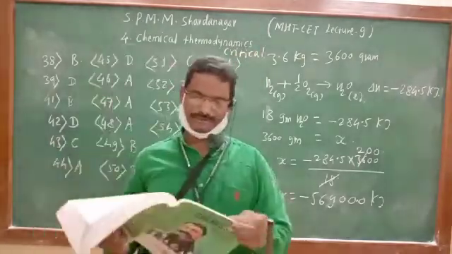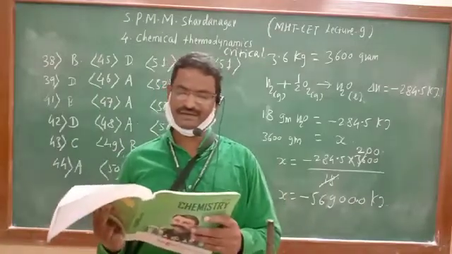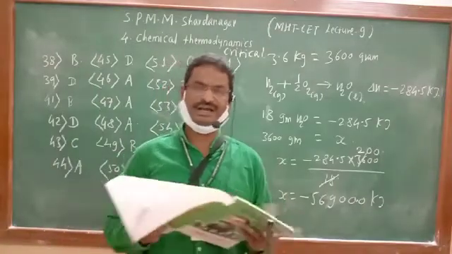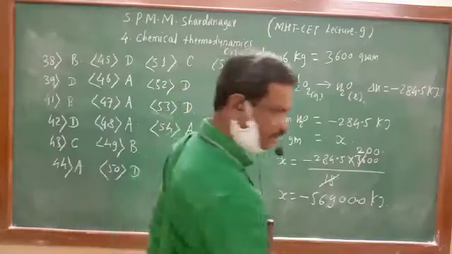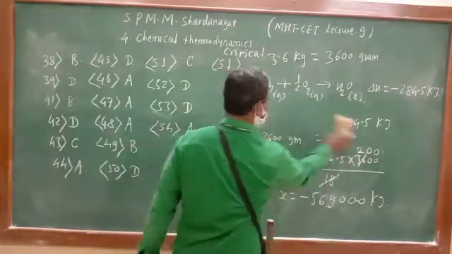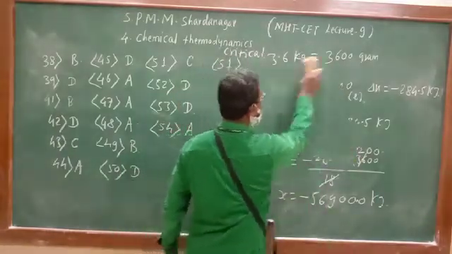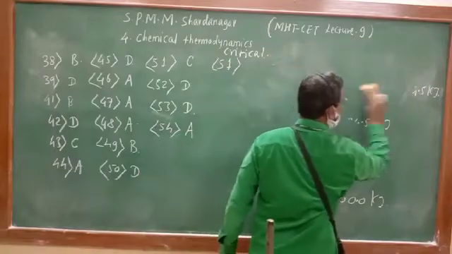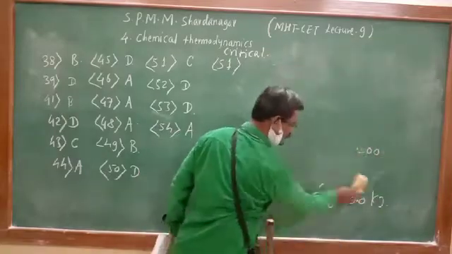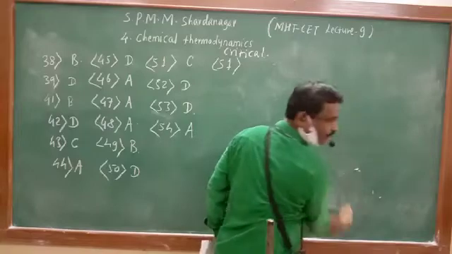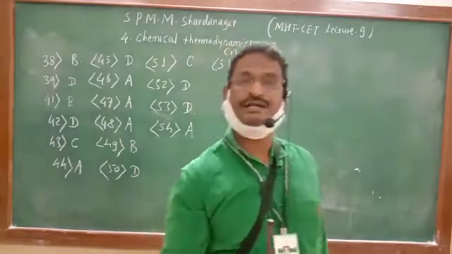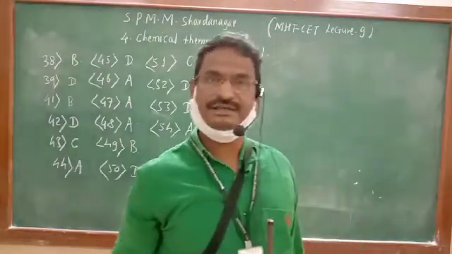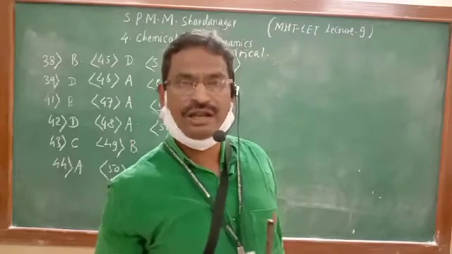Question number 51. The mathematical expression for standard enthalpy of sublimation is given by. What is the enthalpy of sublimation? It is the enthalpy change whenever 1 mole of solid is converted to gas without passing through the liquid phase.